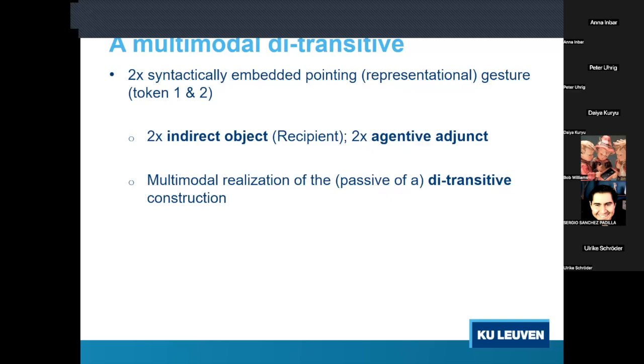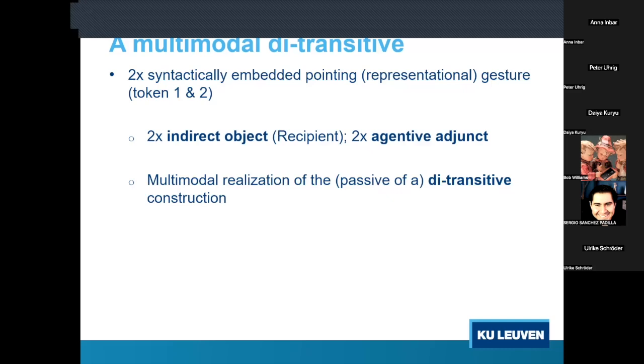So he realizes on the gestural level 2 arguments or 2 semantic roles, the indirect object or the recipient and the agent, the agentive adjunct, okay? Which can only be identified if you take the multimodal perspective. And then you have to conclude that this really is a multimodal realization of a ditransitive construction.